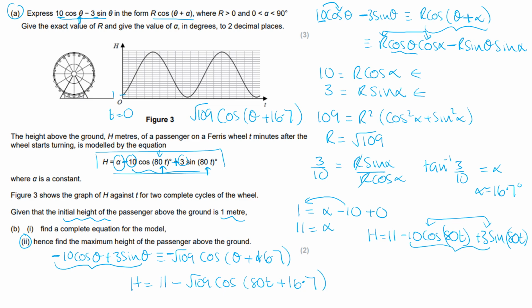So the maximum height is going to occur when this angle that we're taking cos of is going to be minus 1, and then that will times by the minus root 109 and give us a maximum height of h equal to 11 plus root 109. And if you do that on your calculator, that comes out to be 21.4 meters.